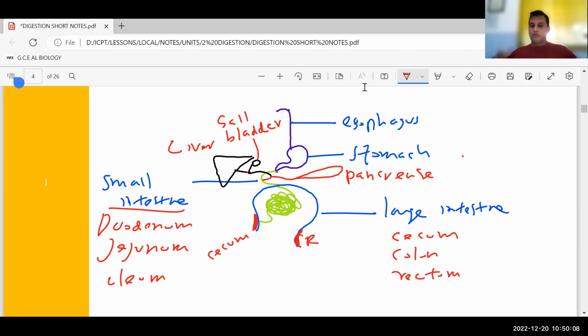So we need to see it as a whole, because it's not separate. Everything is linked, especially the pancreas and the liver; they are separate organs and they link to the digestive system. The digestive system continues as one unit from mouth to anus.